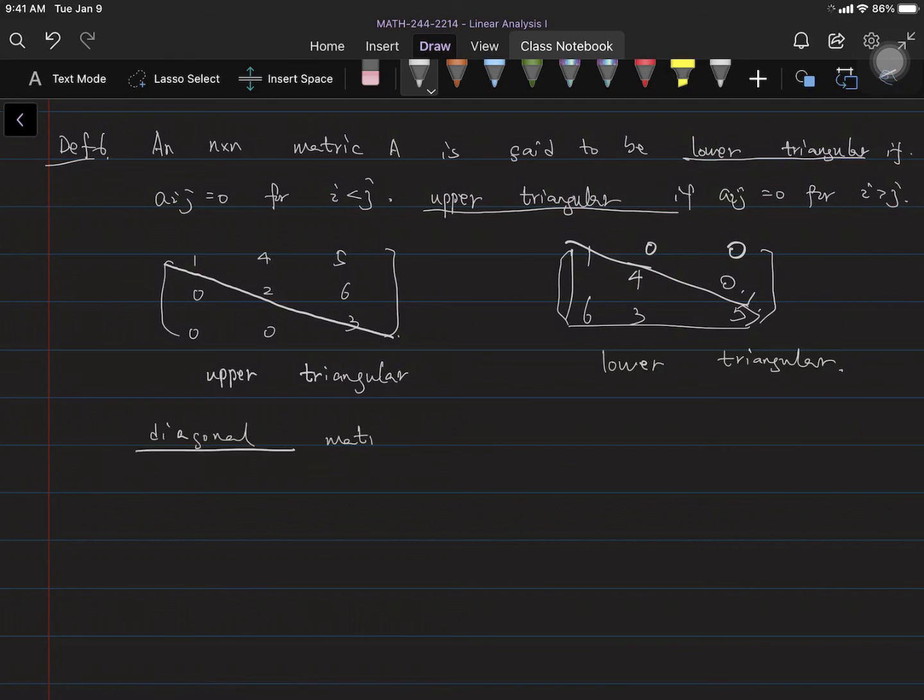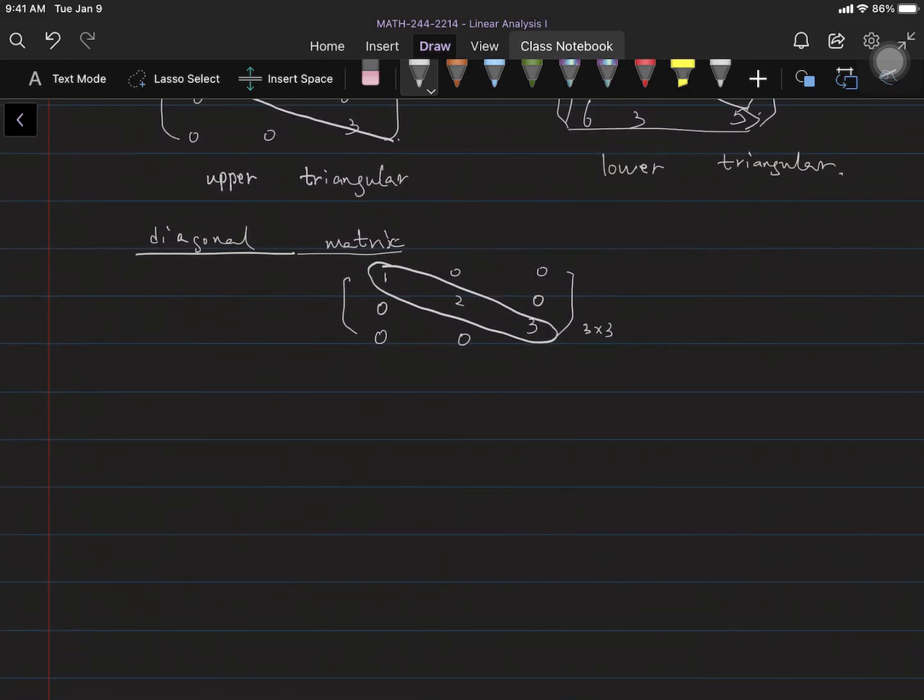Diagonal matrix means something like this. It only has numbers in the diagonal positions, and all the other elements are all 0. This is 3 by 3. You can see only in the diagonal position do we have numbers. So it's called the diagonal matrix.